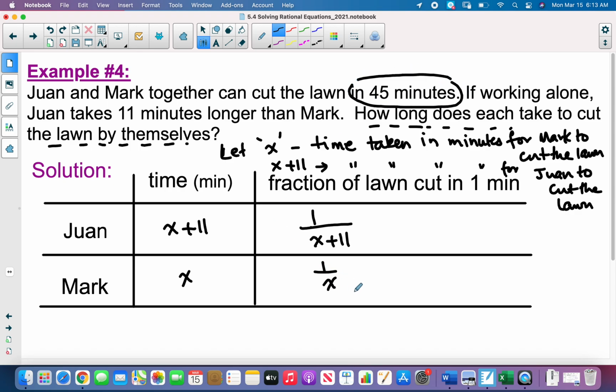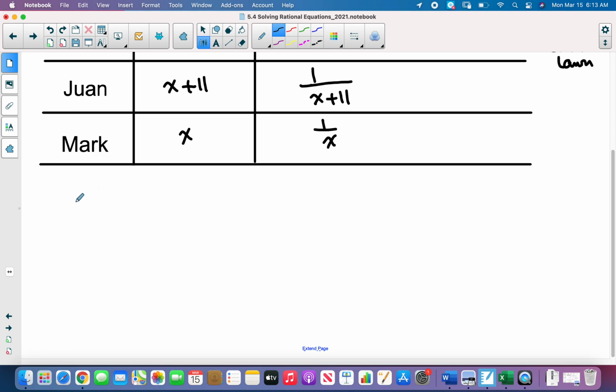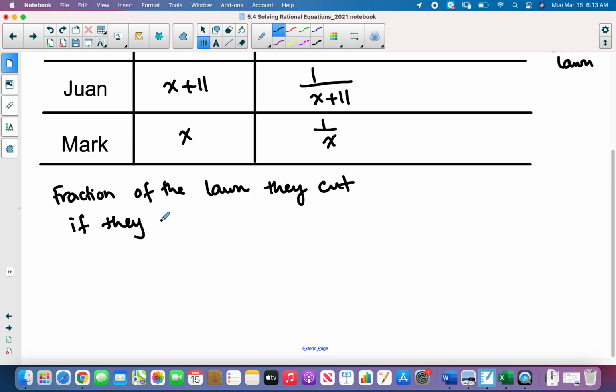It says that they work together and can finish cutting the lawn together in 45 minutes. So the fraction of the lawn they cut if they work together would be 1 over 45.